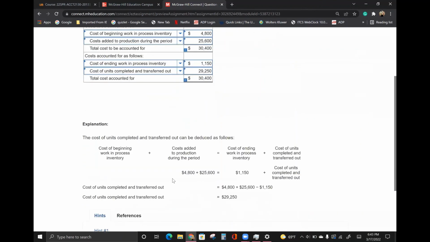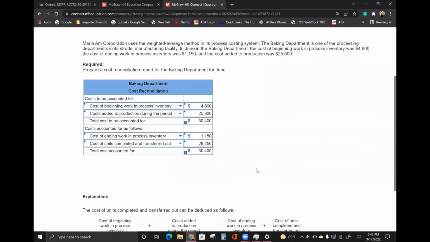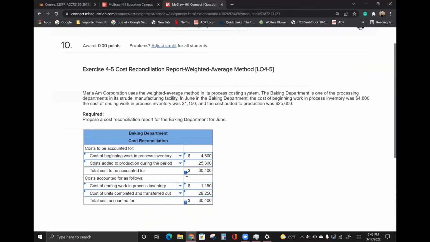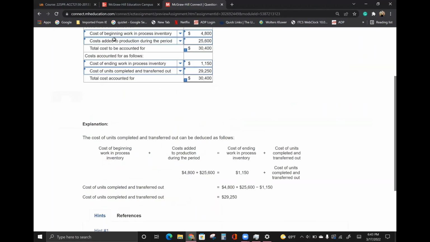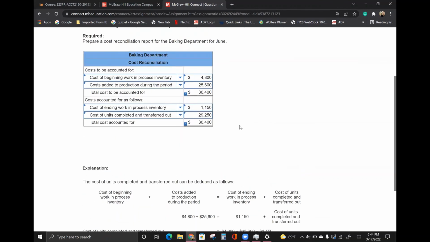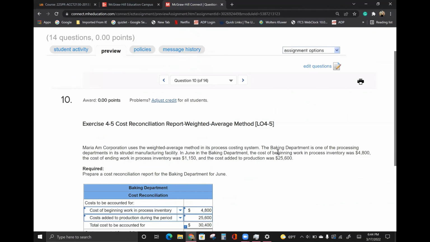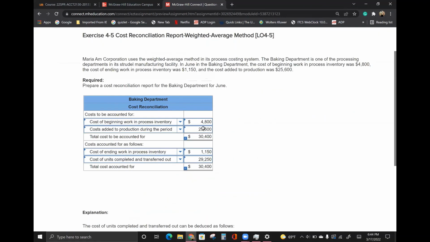In order to calculate the $29,250, we add the $4,800 plus the $25,600, which is the cost that was added, and then minus the $1,150, because remember, we're pulling out what we know is left in work in process. I'm going to pull that ending balance out. And so the difference is the $29,250. Does that make sense? So when we add them together, we just back out the ending to get what's moved out. And they do match. So it's just like the example we did on the slide.